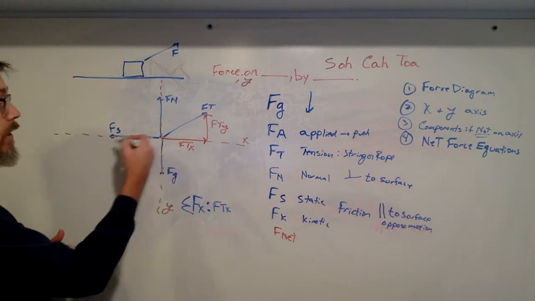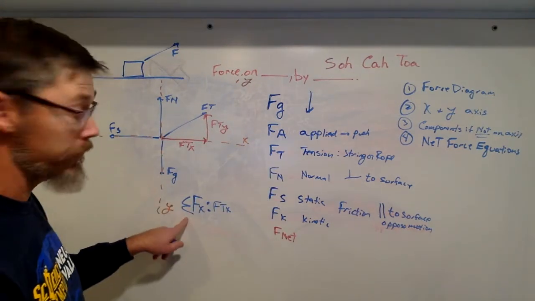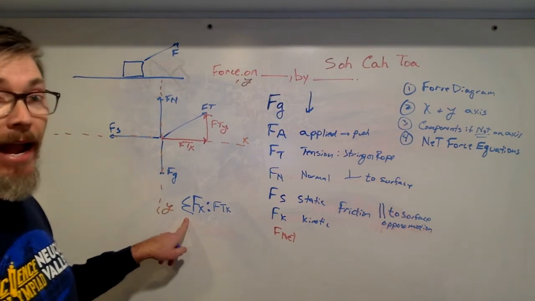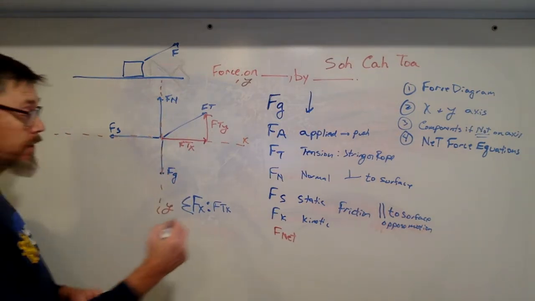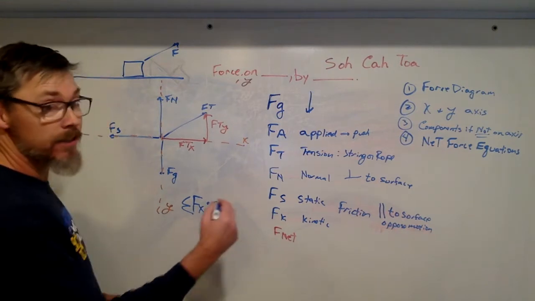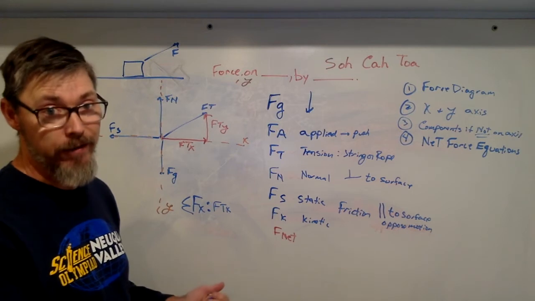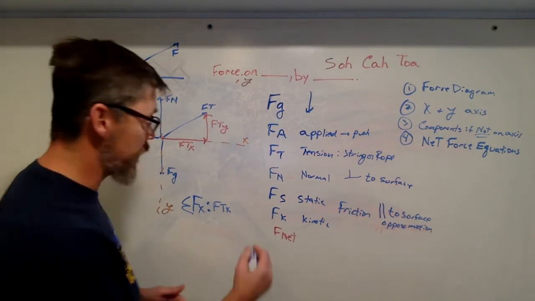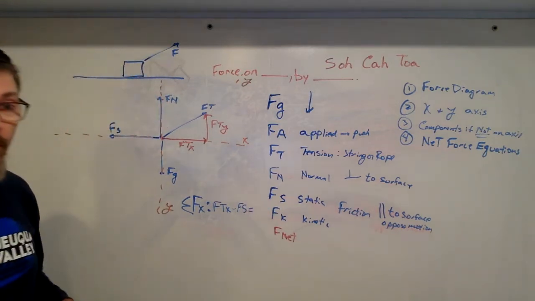So we're adding up all the x forces. That's what the sum of means. Now we're going to add all the negatives in the x direction. That's Fs. So I could say plus negative Fs if I want, or I can just go minus Fs. I usually just go minus Fs. Equals what?